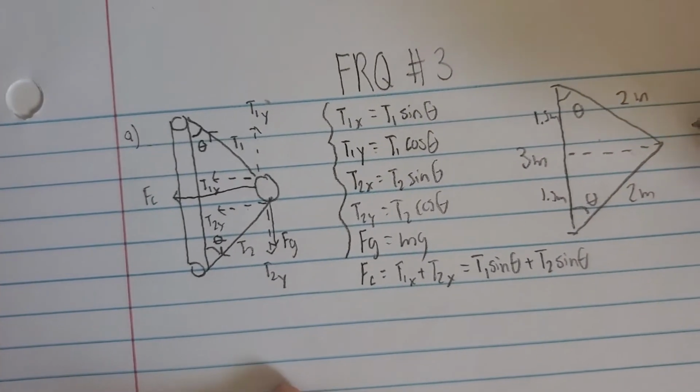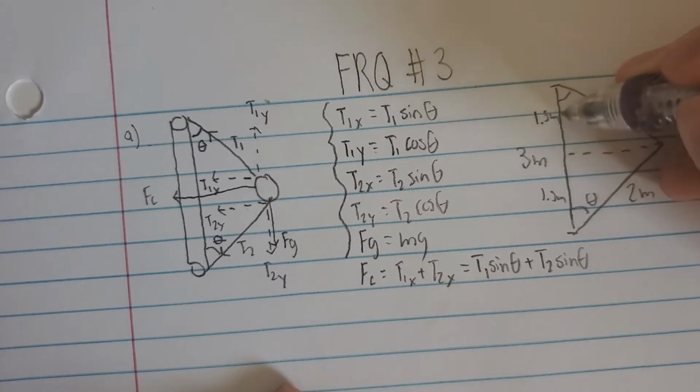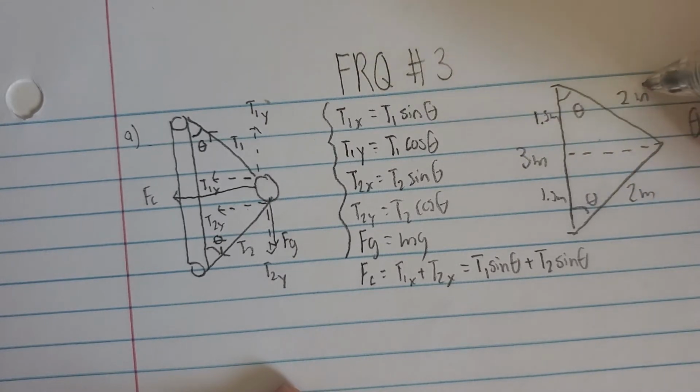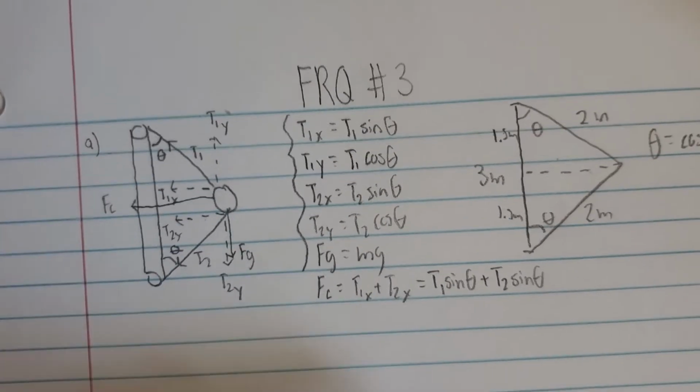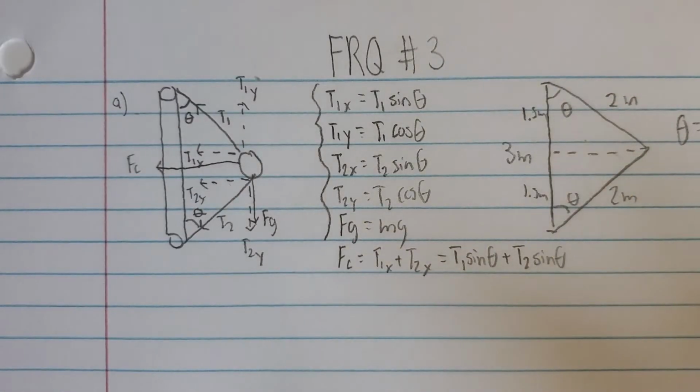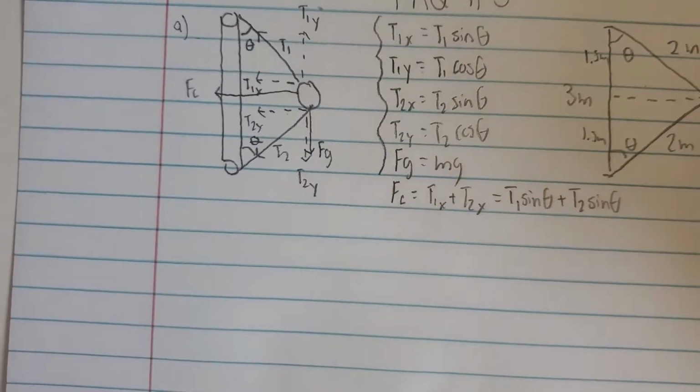To find theta, it's essentially equal to the arc cosine of this measurement over this measurement. So 1.5 over 2, and that's going to equal 41.41 degrees for theta.